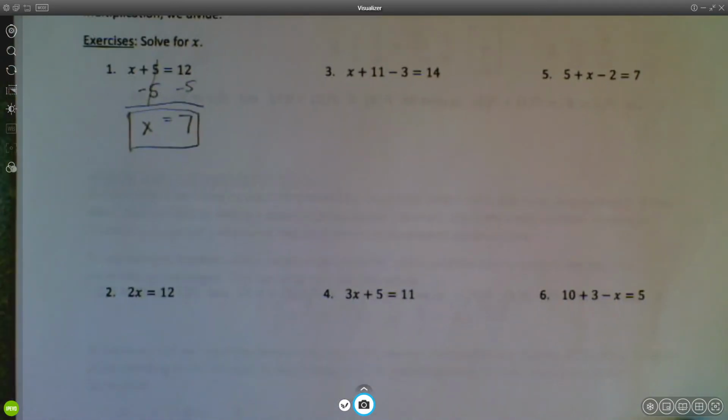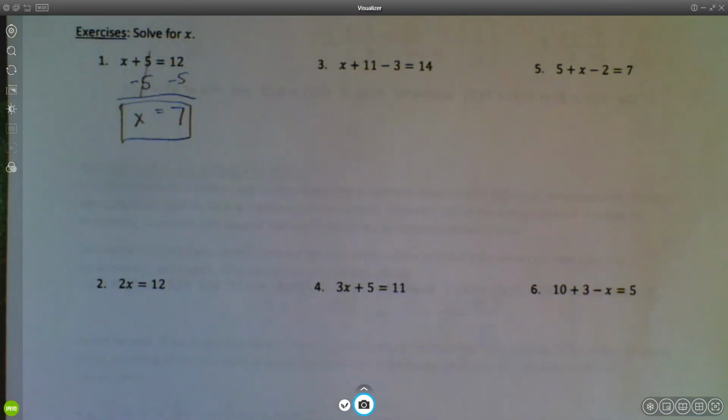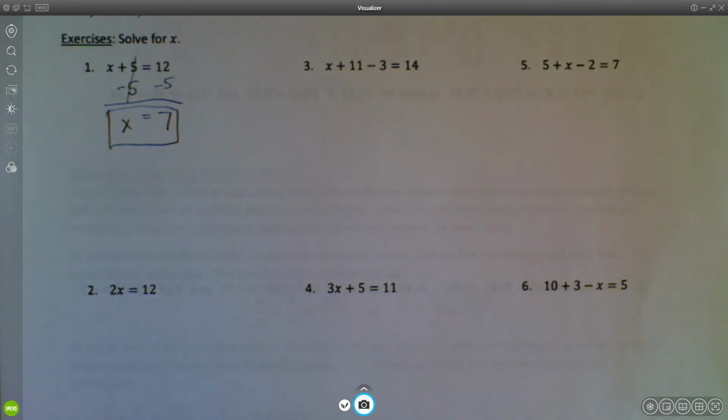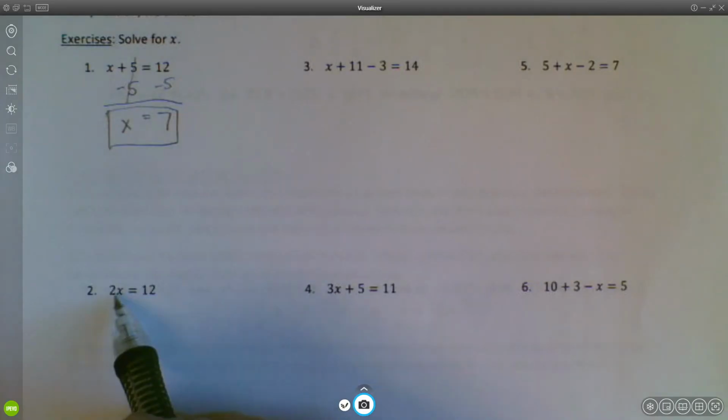Now if you look at number 2, you've got a similar type of situation, only instead of adding something to the x, we're multiplying something by the x. In this case, we have 2x, and the assumption is that when there's no operation written, the operation is multiplication. So 2x is really the same thing as saying 2 times x.